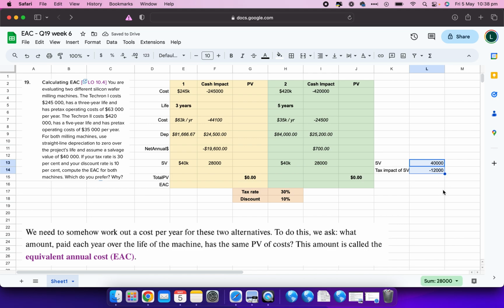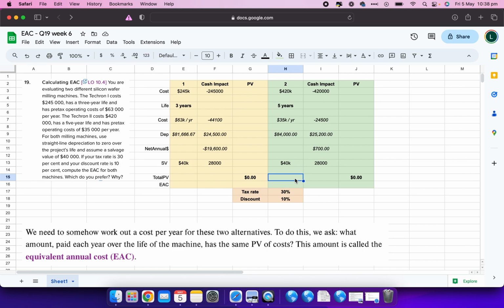So the net sum is 28,000, as you can see here, and that's what we're including. But you might split it out and actually show the details so we can see what's happening here. We've got money coming in the door, money going out the door for tax. Just showing you how it all marries up. Okay, so that's pretty much step 1 done.